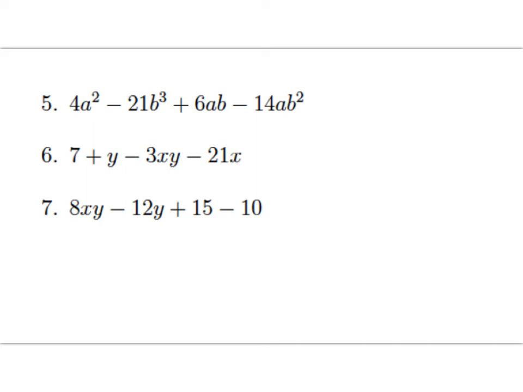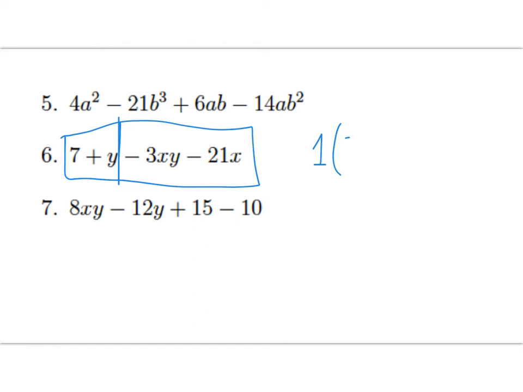So on this next problem, I can tell right away that we're going to have to move things around. If we, oh, no, actually, I don't think we have to. 7 and y, their greatest common factor is 1. So 1 times 7 plus y makes 7 plus y for sure. And the second 2 terms are both multiples of negative 3x.